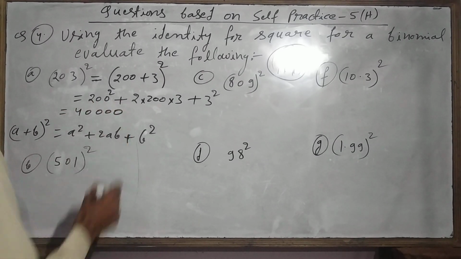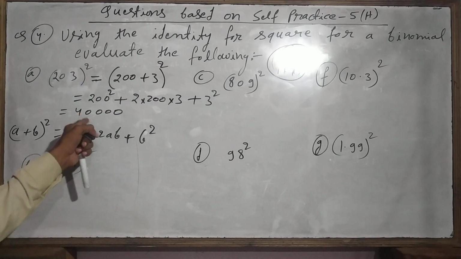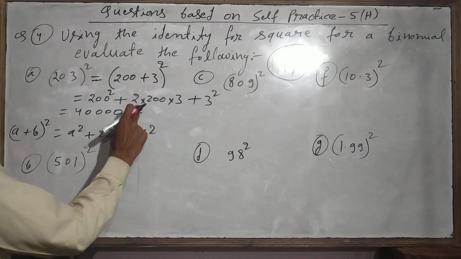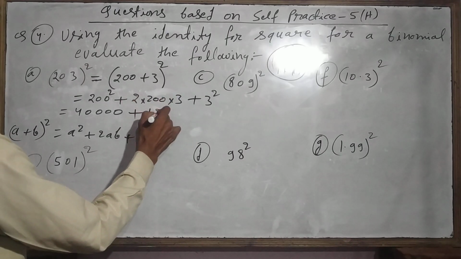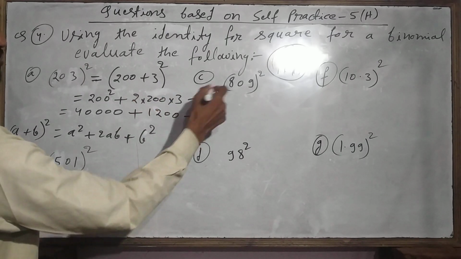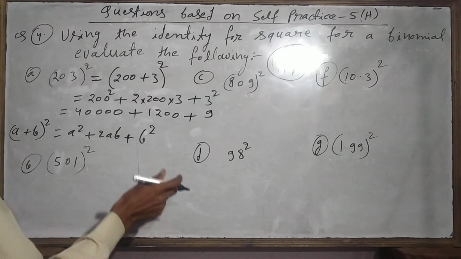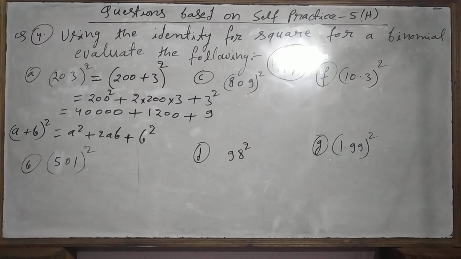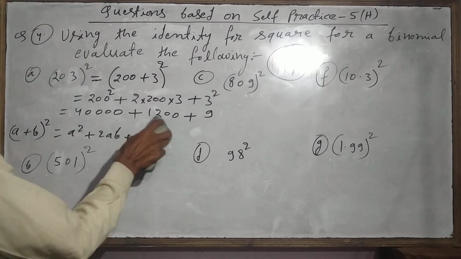Now plus 2 3s are 6, 6 2s are 12, so 1200, plus 3 square means 9. So after doing multiplication and squares, we will add all 3 numbers, then we will get the correct answer.